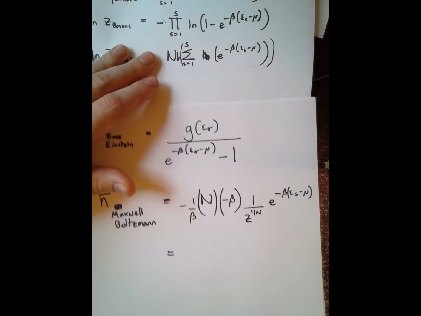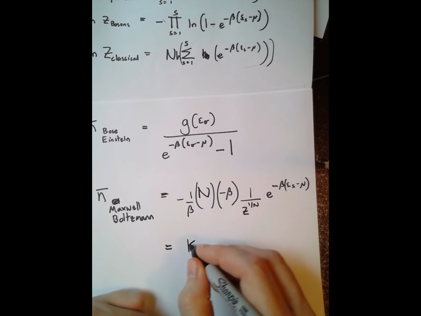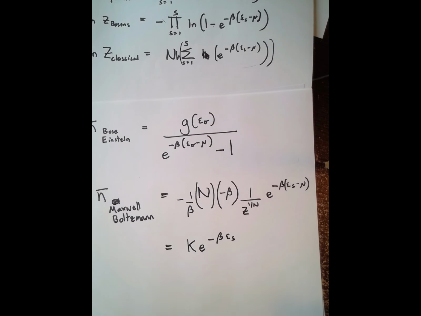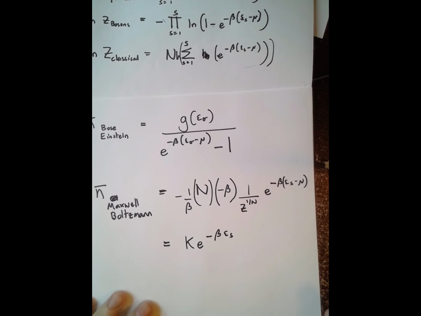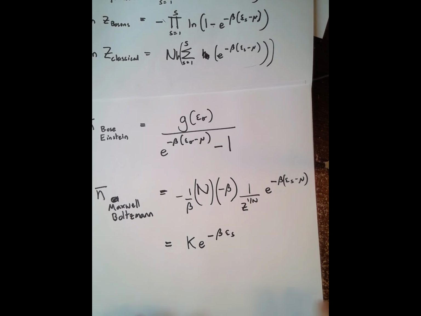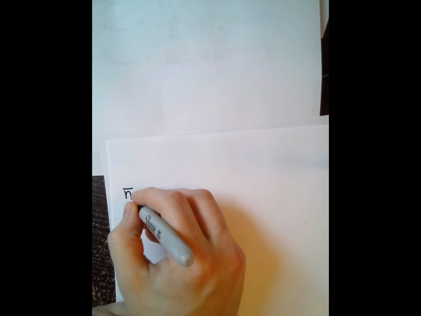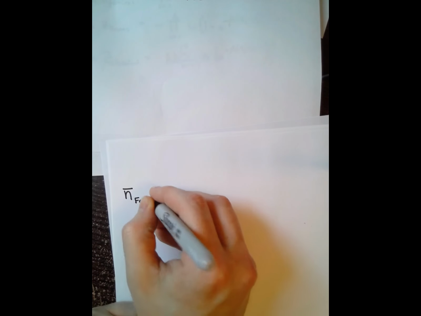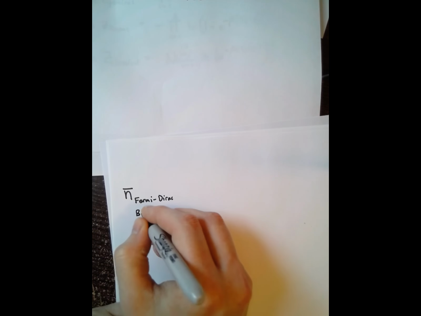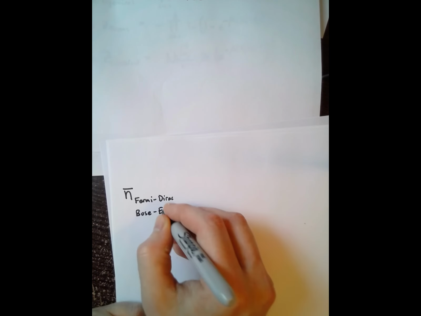And the important thing to realize here is that this is just a constant times e to the minus beta epsilon s. Okay, so this is the Maxwell-Boltzmann distribution, and we can summarize what we found. We can summarize Fermi-Dirac and Bose-Einstein in one equation.